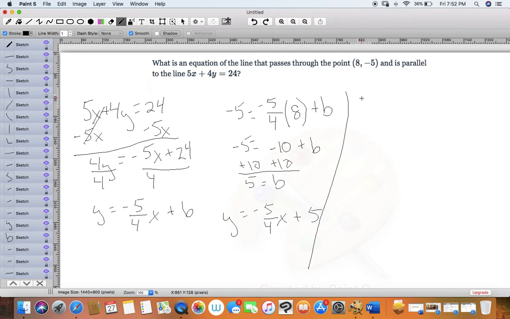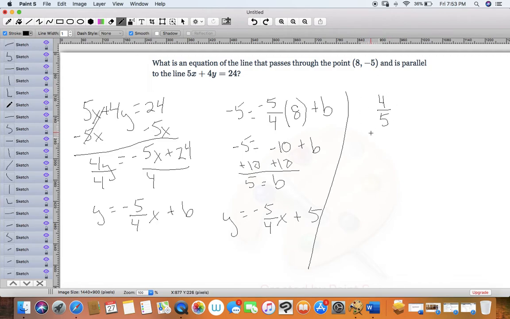So my new equation is going to have a slope of positive 4/5. So negative 5 fourths and a positive 4/5 are opposite reciprocals. It's opposite because one's negative and one's positive, and reciprocal means you flip the fraction over. So I know that my new equation is going to have that slope.